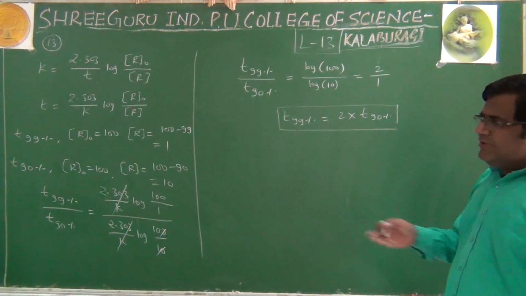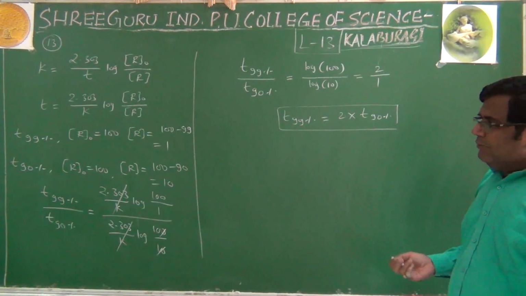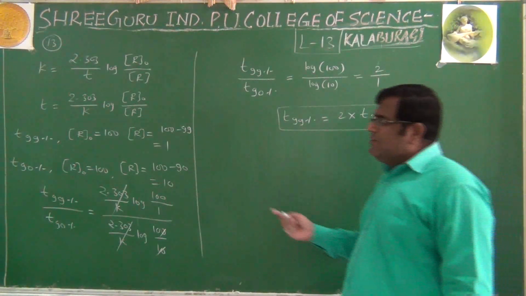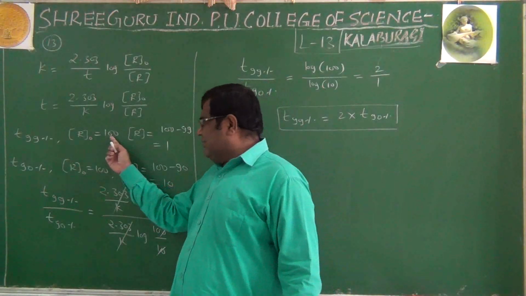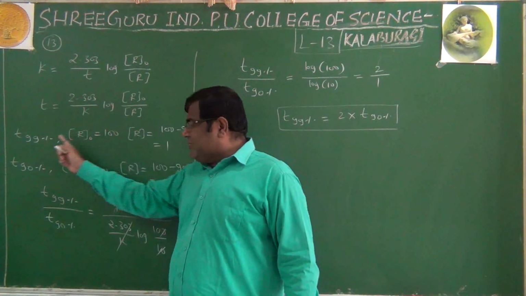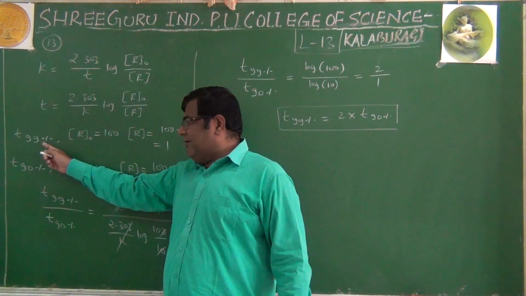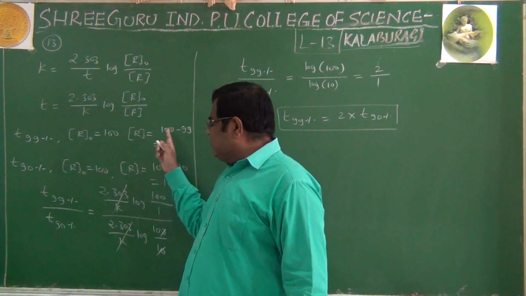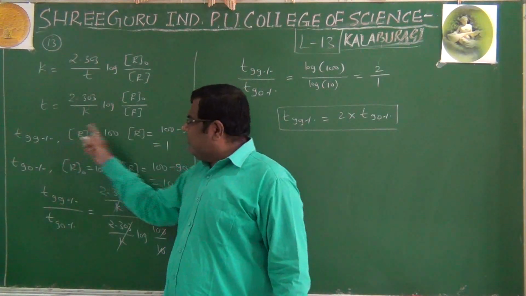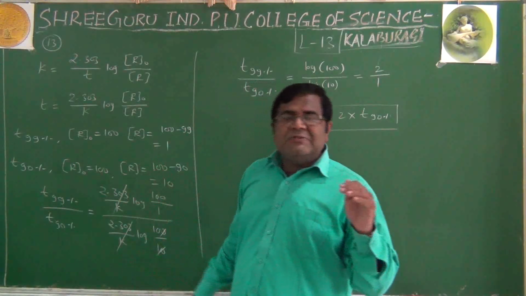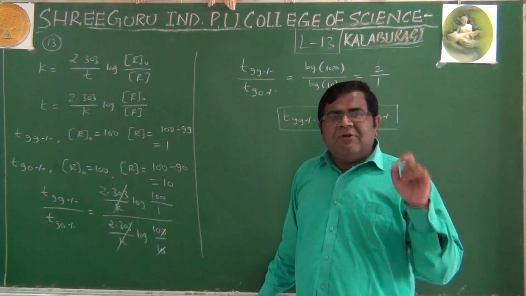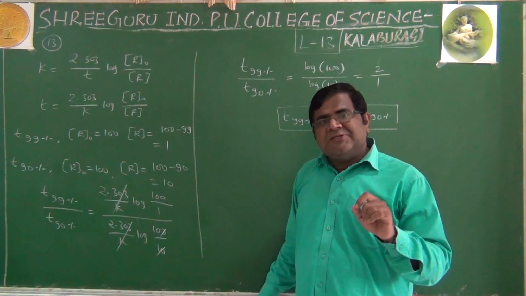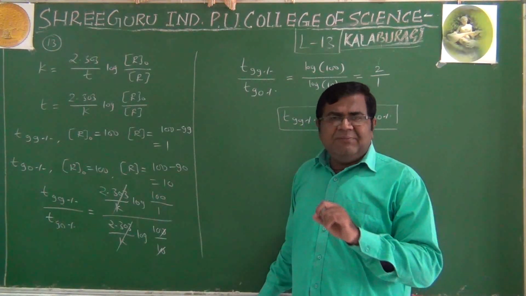Within just 2-3 steps we can prove this. The only thing is that we have to consider R0 as always 100, and for whichever completion they have asked, R is equal to 100 minus that much reaction completed. That exactly gives us the correct value of the concentration of reactant present at time t.